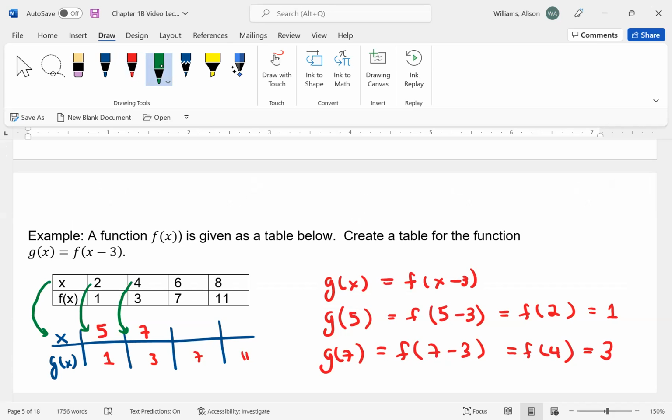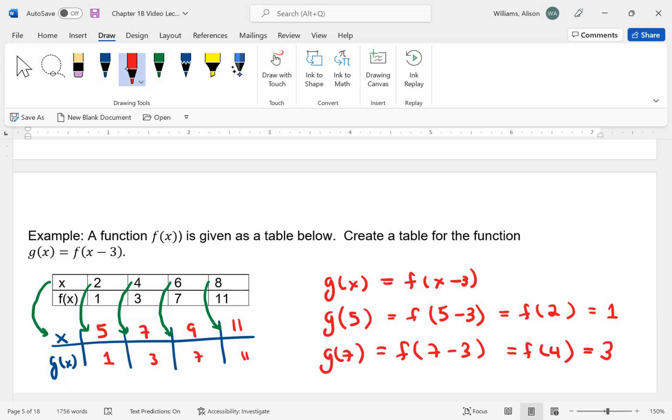So if I'm going to use that pattern, 6 is going to be 9. 9 is going to produce for me the same output value that f of 6 gets. And for the last one here, if I use the pattern of adding 3, that's going to be an 11. So it's kind of doing the opposite of what we would expect, which is what I was saying.